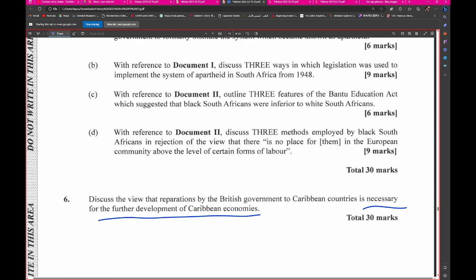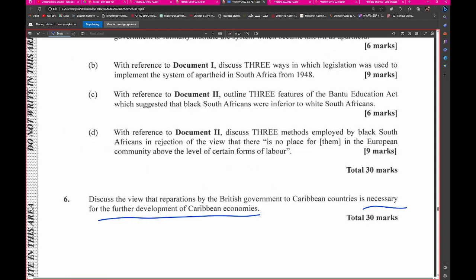Okay, you remember you do Caribbean studies? Yes, I did it. So we remember that Caribbean countries were basically raped of their resources. I'm leaning towards it's necessary, but I don't think it's necessary. They have a lot of resources, but our ability to use them has been tampered with because of enslavement and colonialism.